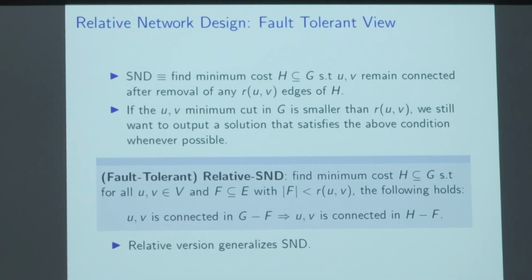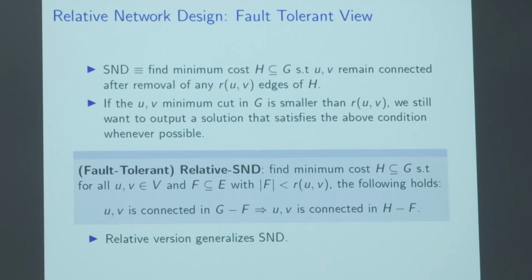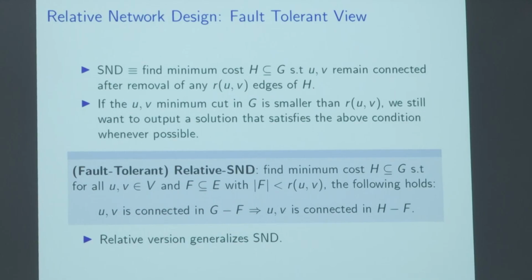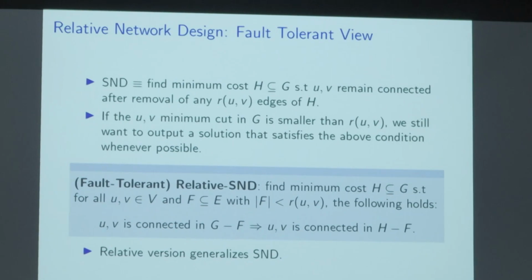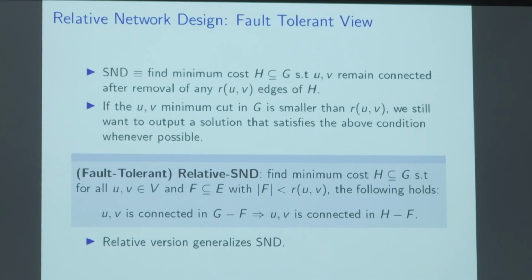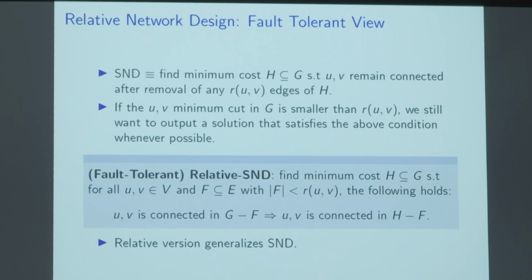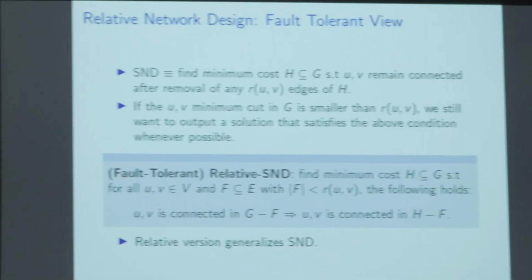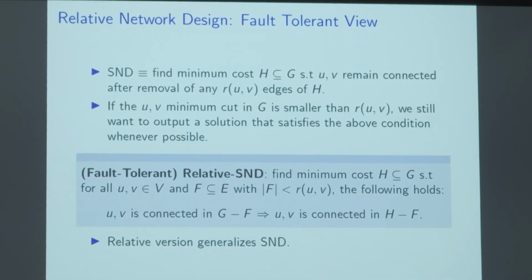For example, in the standard model, when you remove small cuts, UV will always be connected in G minus F, so in that case we want UV to always be connected in H minus F. But here I'm not saying that. I'm saying that if there is a small set of edges which separate U and V, then I can't expect you to have connectivity in H minus F. Any questions?